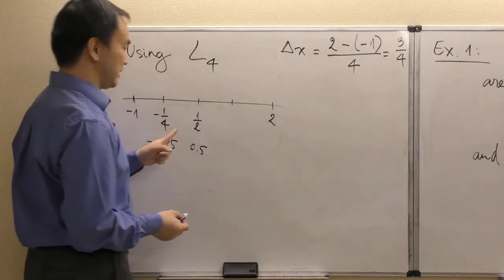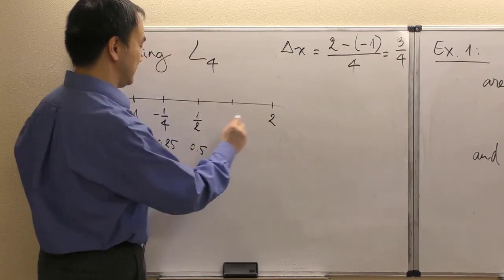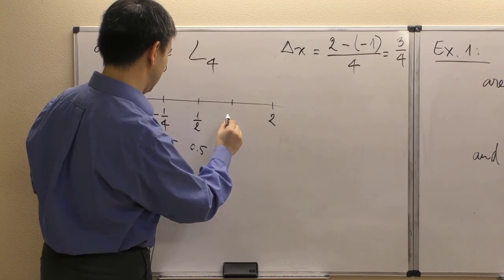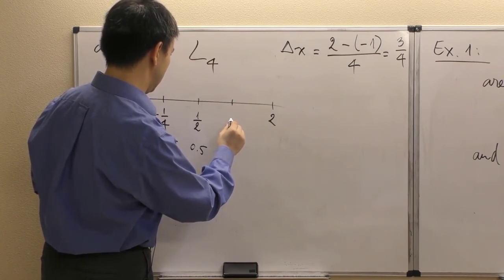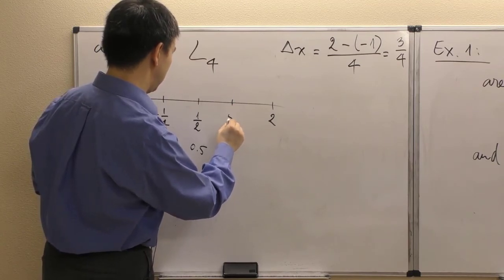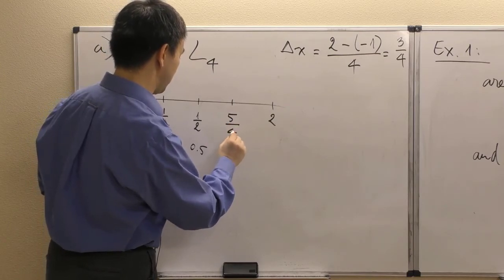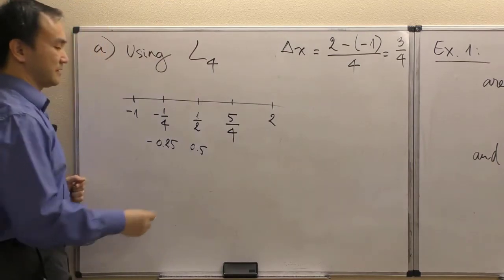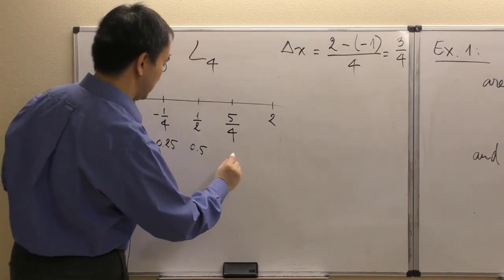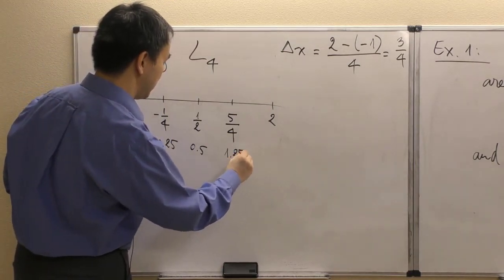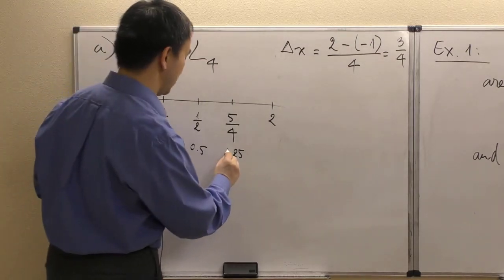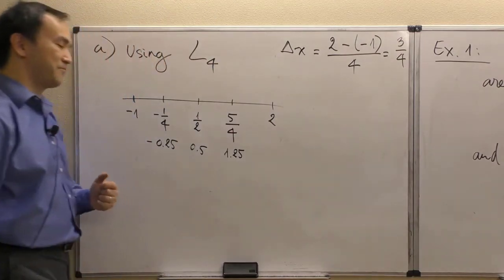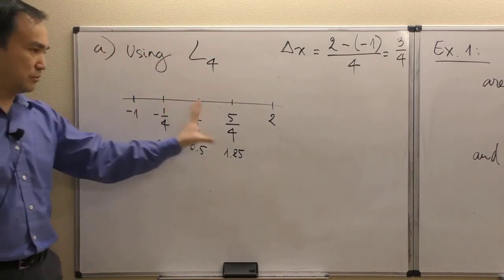Then we add another 3/4 to that, which gives me 5/4, or 1.25, and the last one is going to be 2. And so that's our partition points right there.